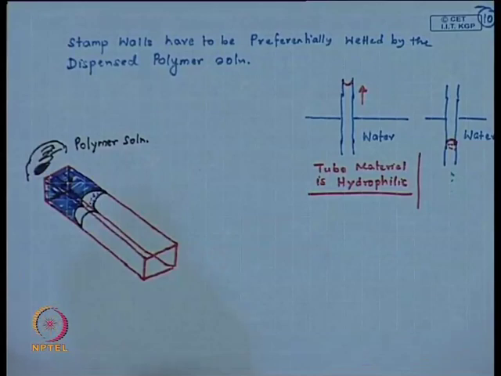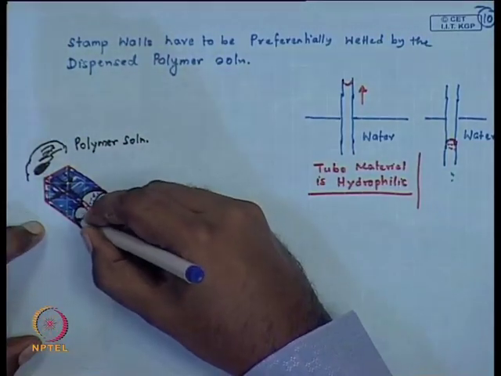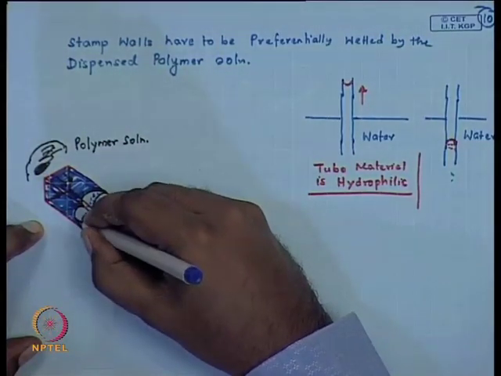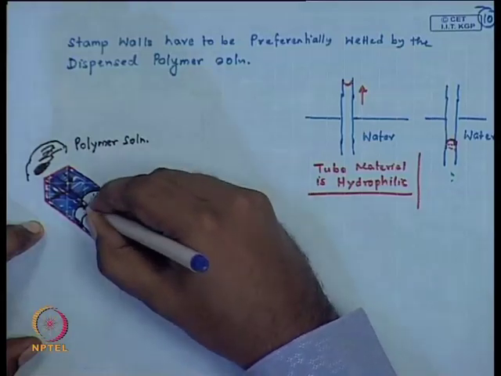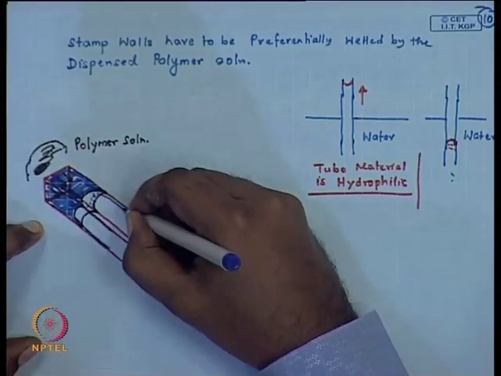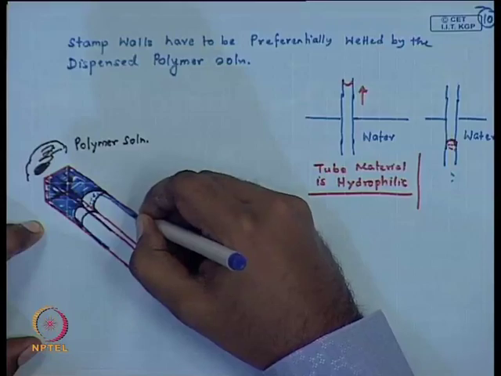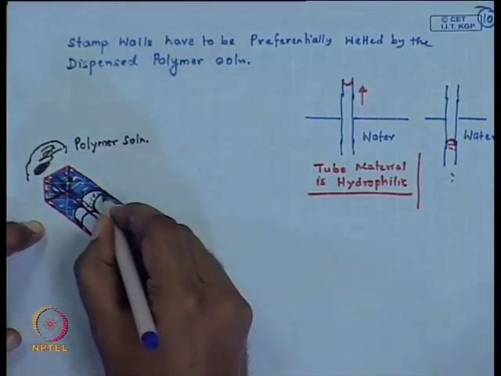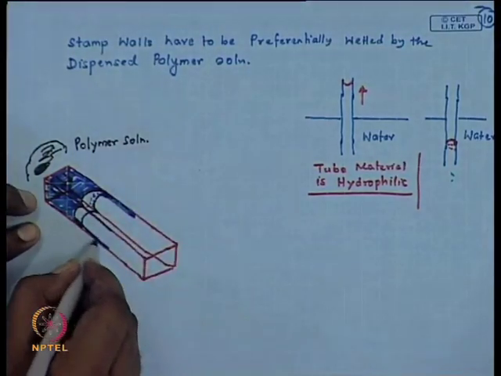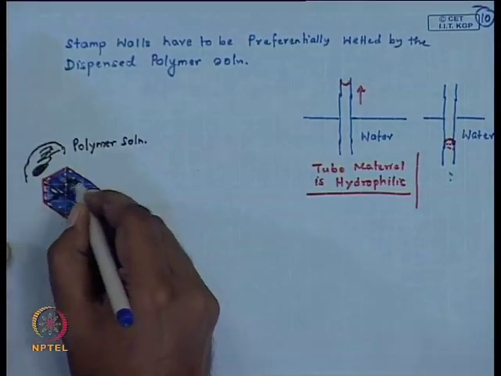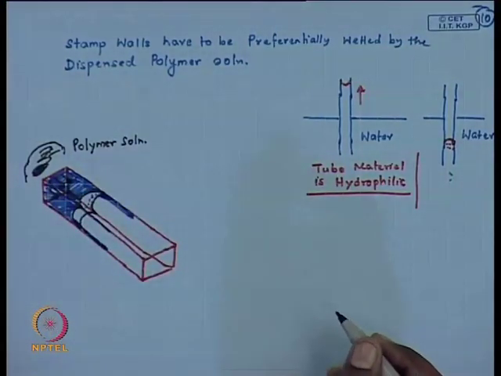So, the drawing is a little difficult, but what typically happens is that you will have a much longer range advancing meniscus along the edges, and the subsequent major meniscus or the complete filling might take a significant amount of time.